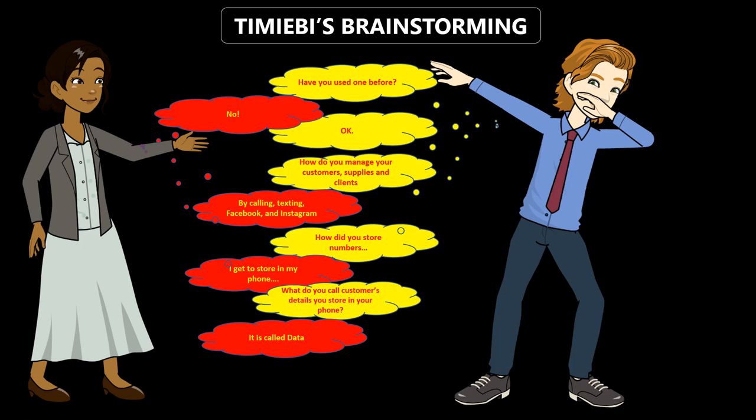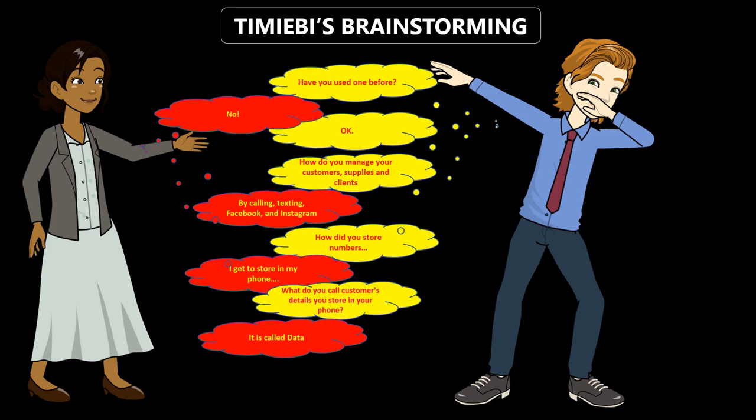I followed up on the question, how do you store the numbers? When they place an order, how do you record it? When they want you to deliver their item at a particular time, place, month, etc., how do you record that information, also known as data?